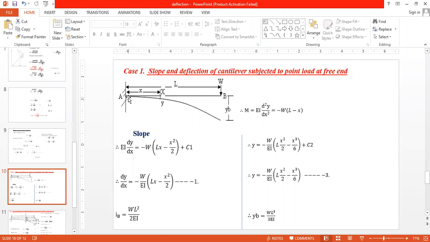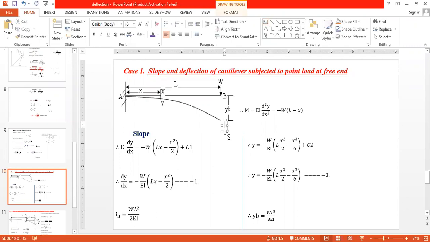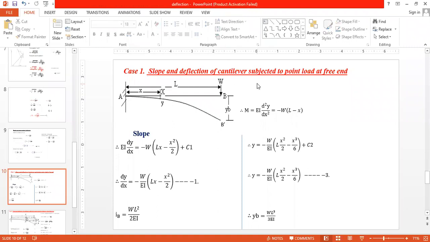Your cantilever is deflecting like this. That means it is deflecting from AB to, suppose, AB dash. B point is shifted to B dash. This is the deflection of the cantilever under the load W. Have you got it?